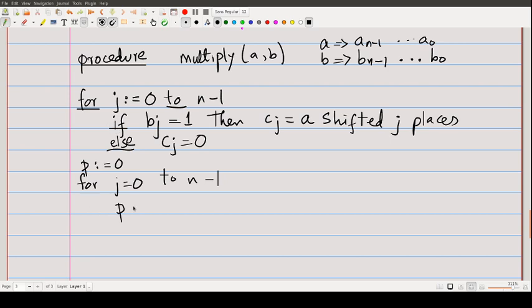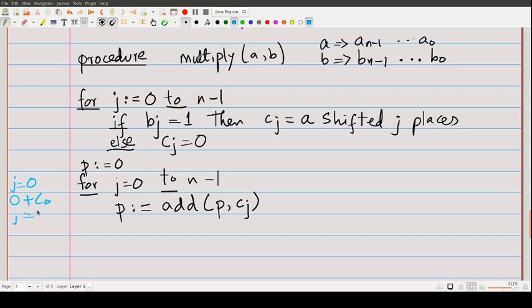So we will set p equal to p plus Cj. This loop is doing nothing but adding all of the individual Cj's, and initially p was 0. So first when j is 0, you will be doing 0 plus c0.